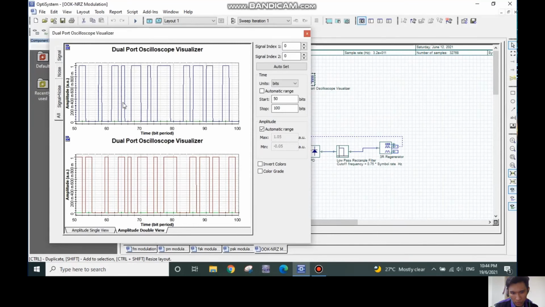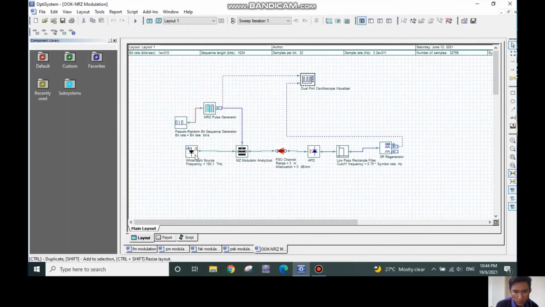So we can see that both the signals are similar, and we can conclude that this type of modulation is a success. Also I can say that the signal transmitted by the white light source is similar to the signal that is received by the avalanche photodetector.